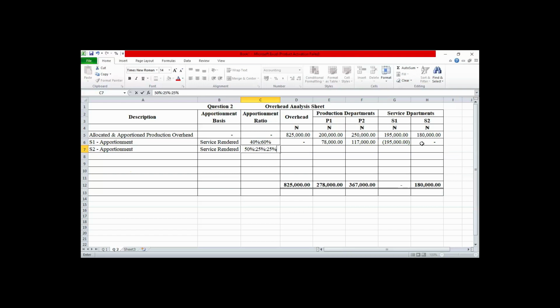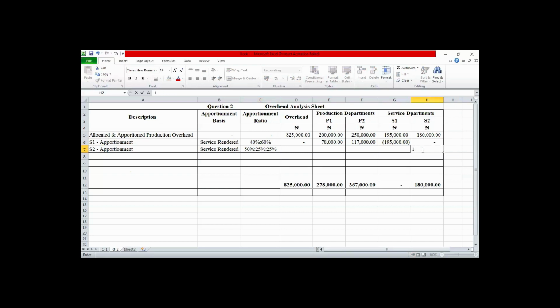Simply means S2 renders service to X1, so something needs to be shared to that place. You will now share it again, repeatedly. We are sharing 180,000 to other departments.